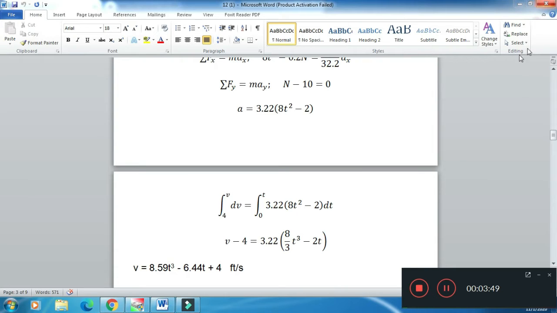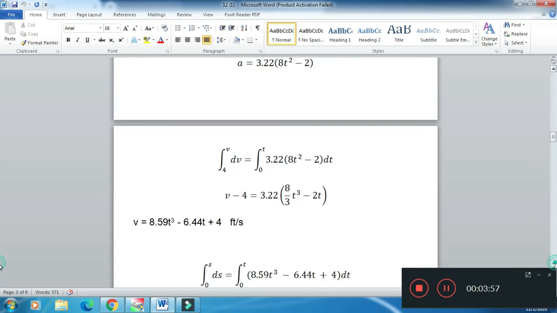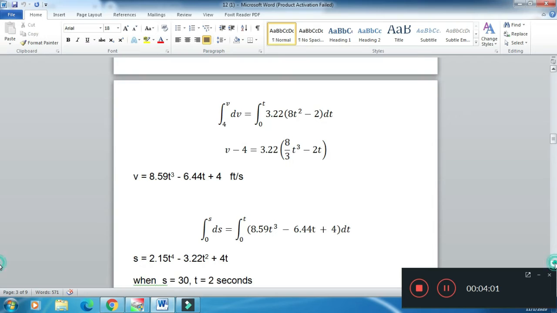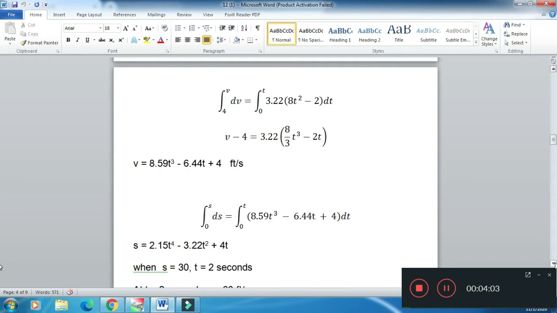Now again the data is given about the distance covered, which is 30 feet. So this means we have to obtain an equation which is for position. So v equal to ds over dt, or integral ds equal to integral v dt.